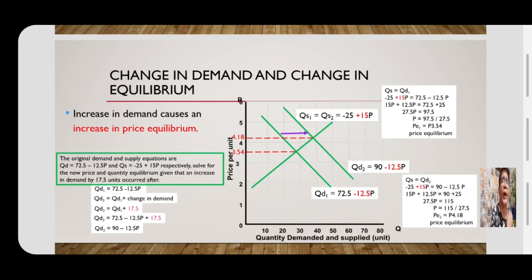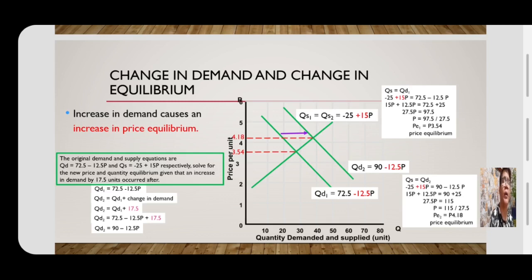Now, to solve for the unknown variable P, we can transpose the coefficient of P, which is 27.5, to the other side, and it becomes a divisor. So that P is now equal to 97.5 divided by 27.5.